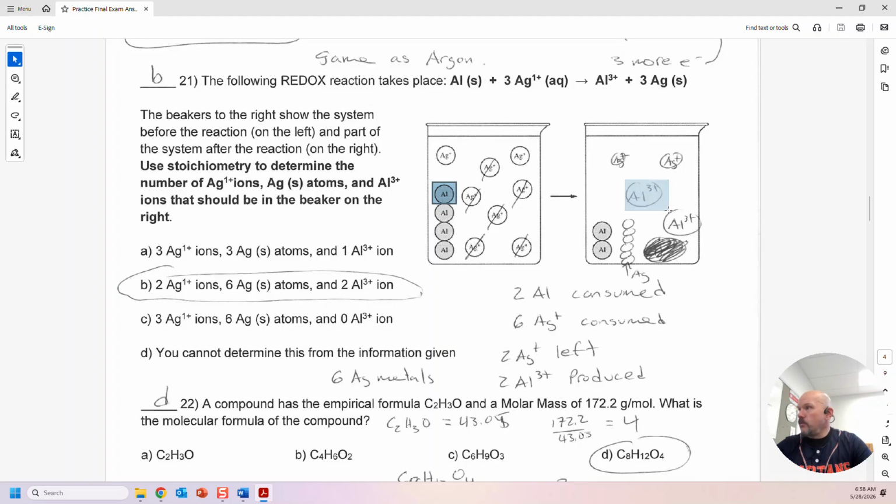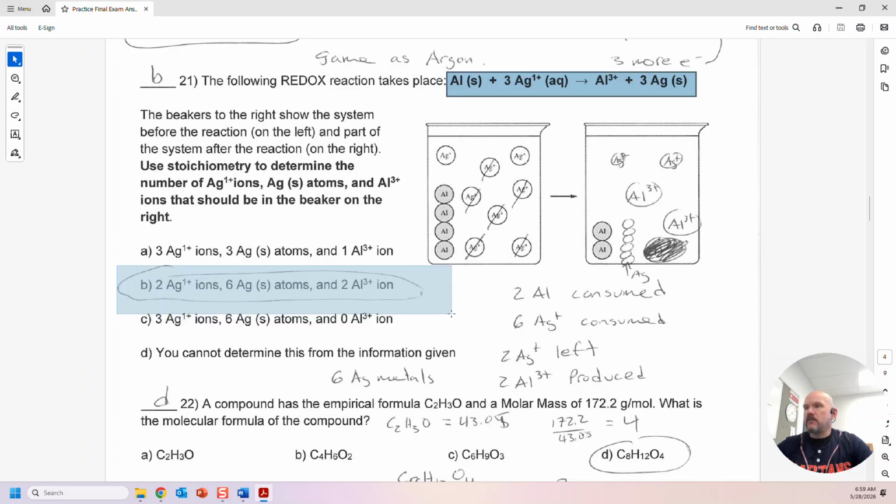So really the aluminum ions here should be much smaller, right? But that's just a little extra detail that we really don't need. It was really about, can you read the recipe and know how much stuff am I going to lose? How much stuff am I going to gain? What will my beaker look like afterwards? Okay, so for this one, it came out to be B.